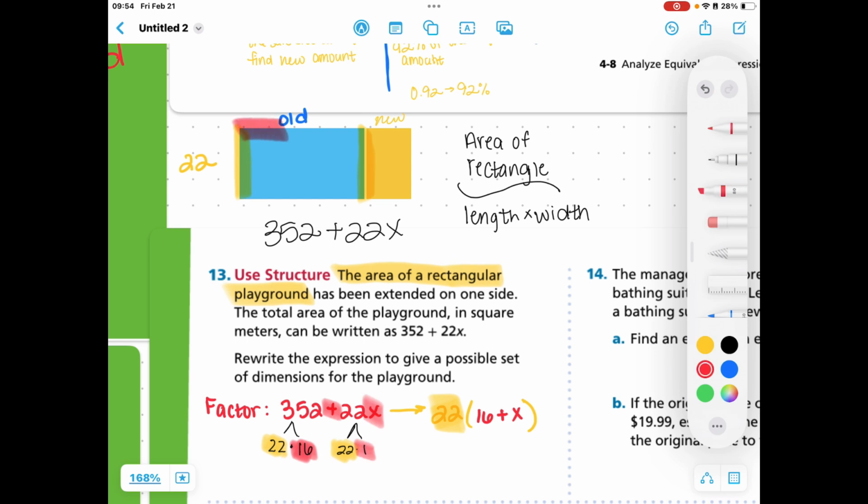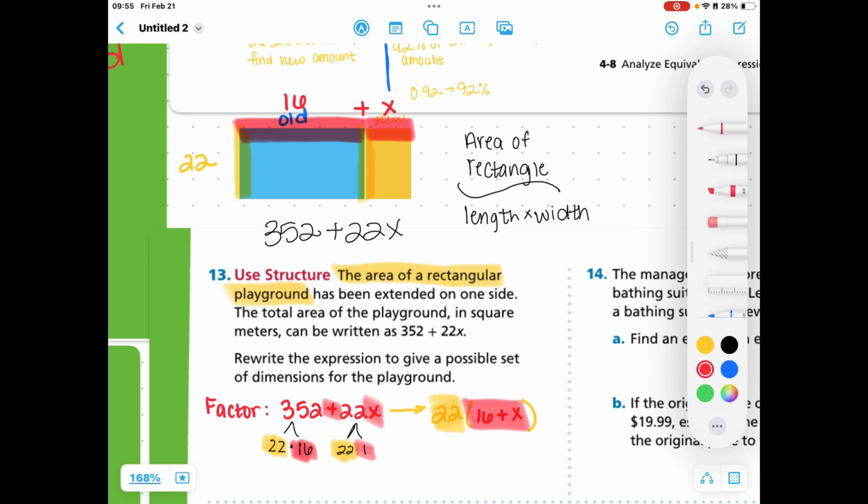Whereas now you have the old side and the new side. The old side, I'm going to say, is 16. We knew that it was 16. It's going to stay 16. And we added a new length of x. We don't know what that x is, but we just know we added onto that playground. So that's where the 22 times (16 plus x) came into play.